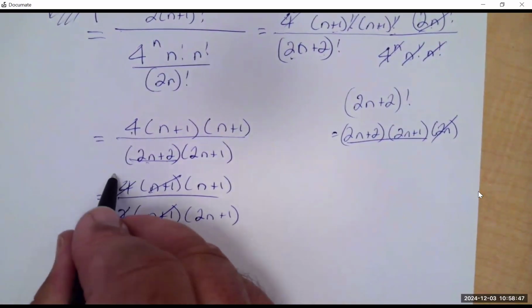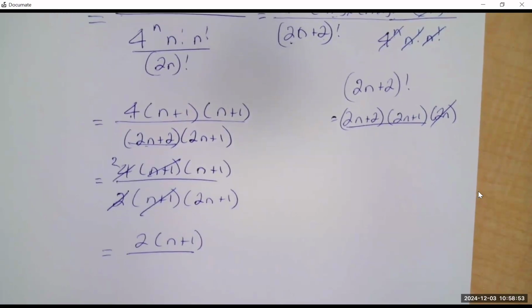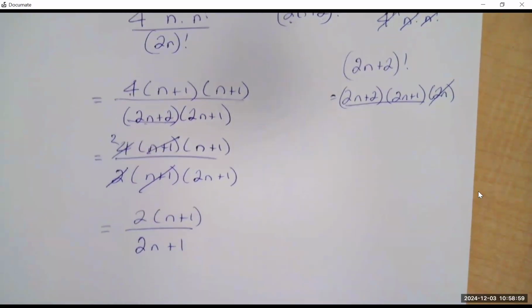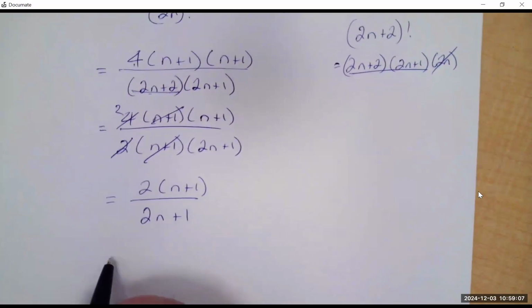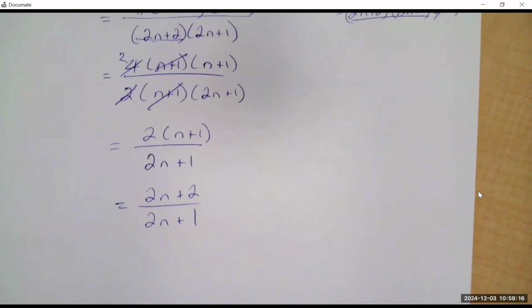The 4 and the 2 cancel, so I have 2 n plus 1 over 2n plus 1. Two n plus 2 over 2n plus 1.